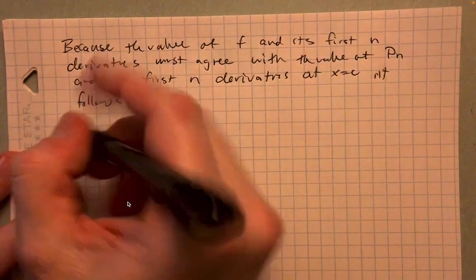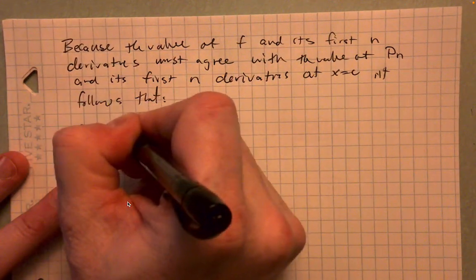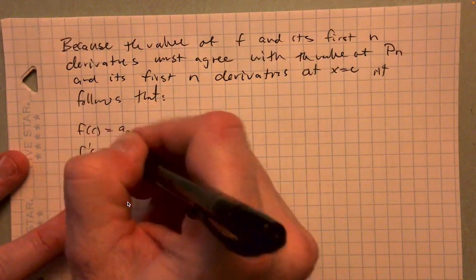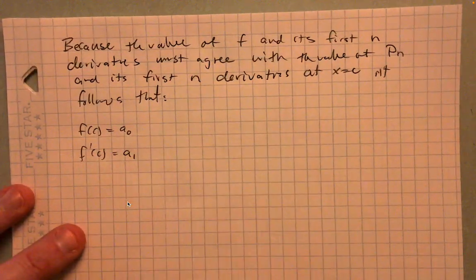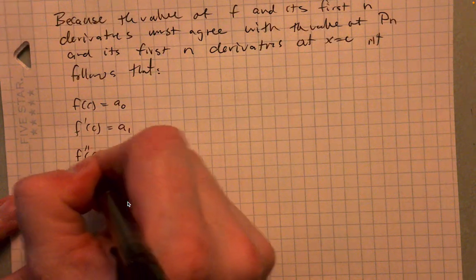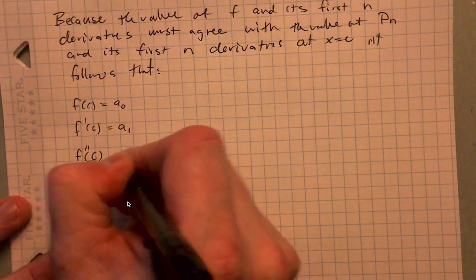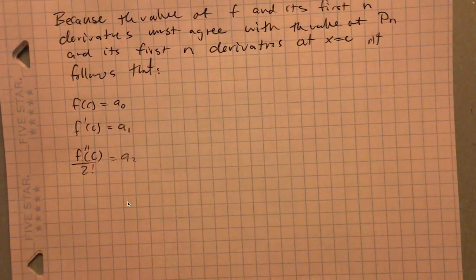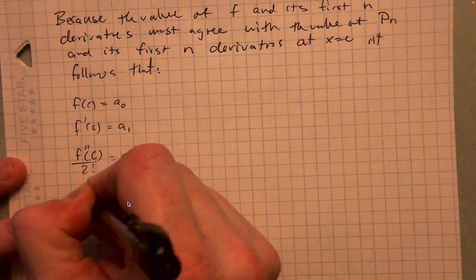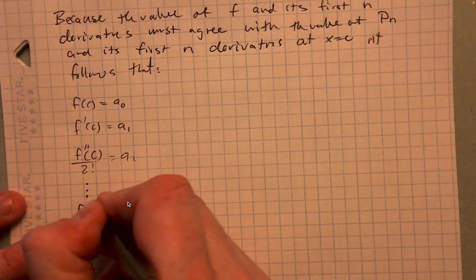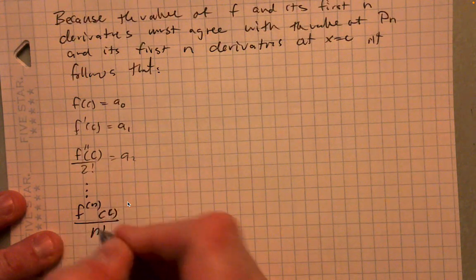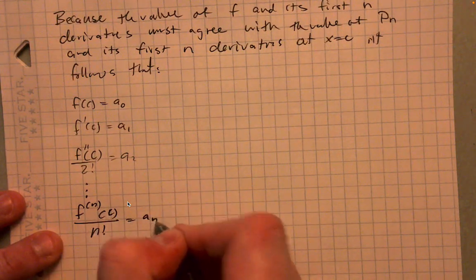And here's another way to say what we've just said: f of c is equal to a0, f prime of c is equal to a1, f double prime of c over 2 factorial is equal to a2, and f of n of c over n factorial is equal to a of n.